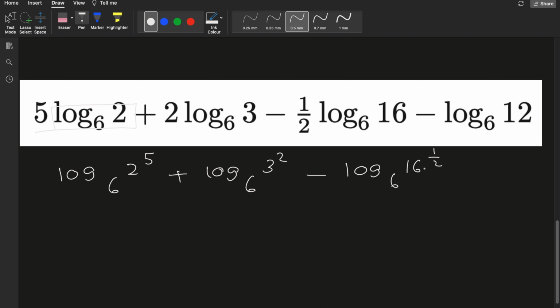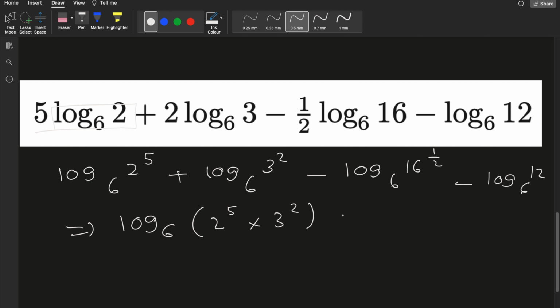This is essentially 4 minus log 12 base 6. Okay, now let's try to simplify this. Using the first rule, we derive this, and then we can take the negative symbol common and write log base 6, 4 into 12.